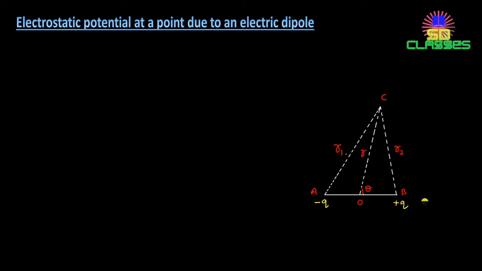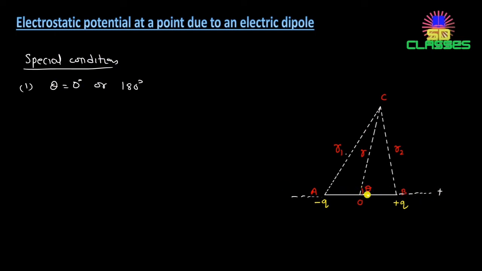So now see, the potential at the axial line, special condition number 1: theta can be taken as 0 degree or 180 degree. Theta 0 degree means the right side, and theta 180 degree means the point P is going to be on the left side.